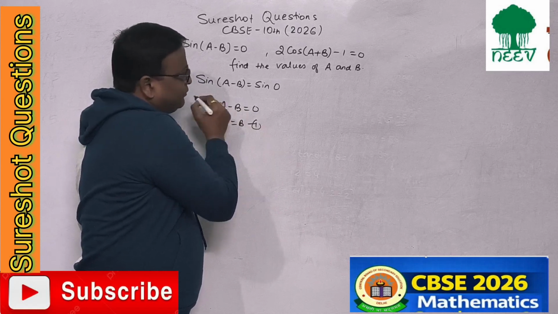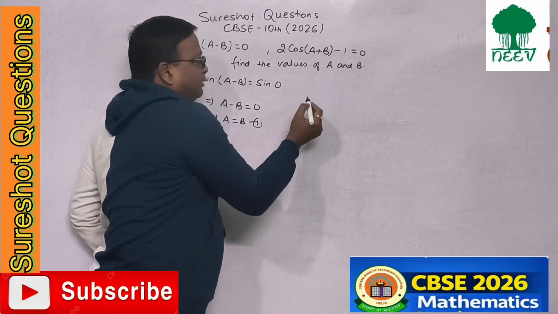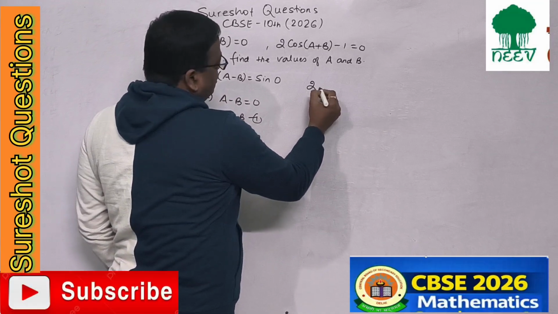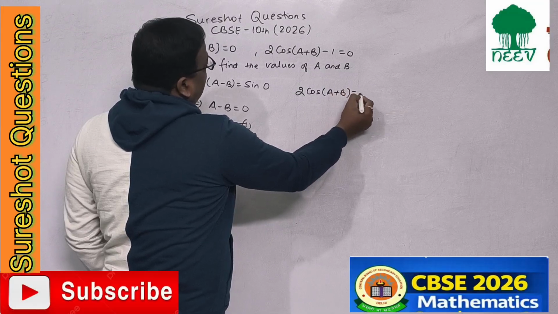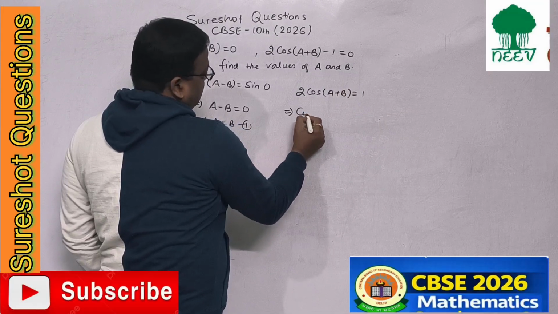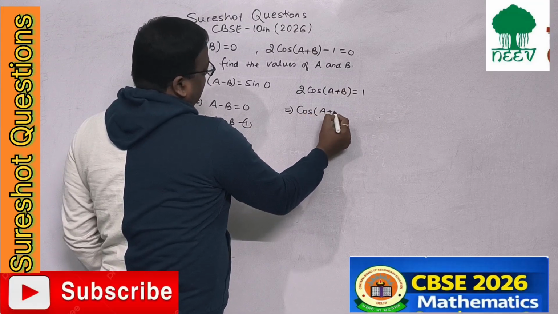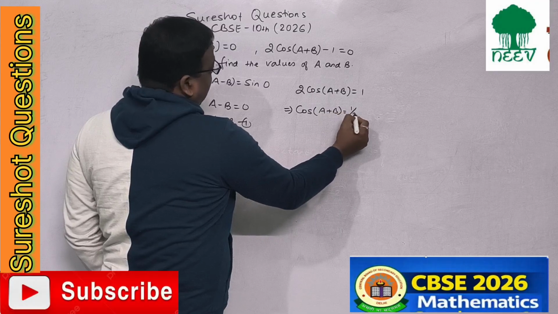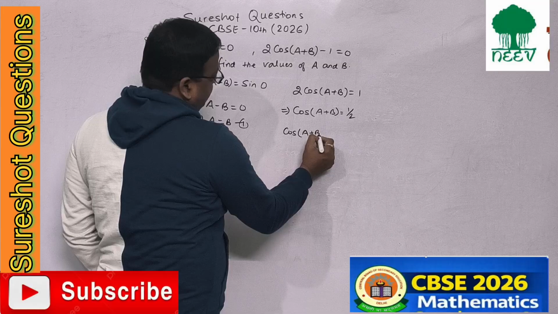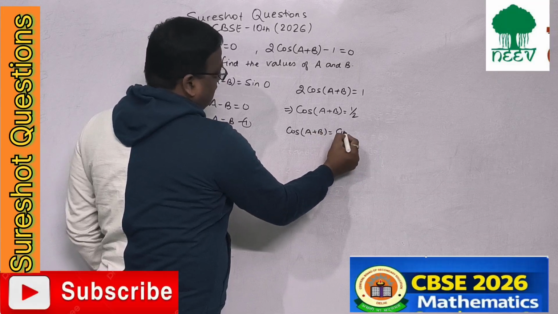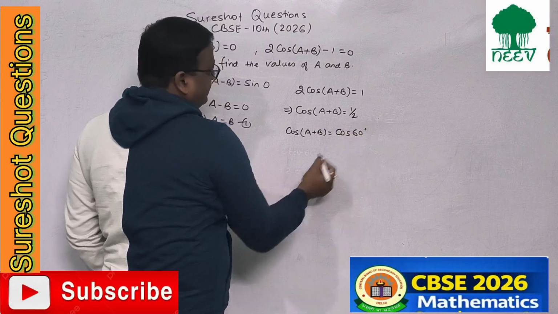This is equation 1. Now, we have been given one more equation. 2 cos (A plus B) equal to 1. This implies cos (A plus B) is equal to 1 by 2. So cos (A plus B) is equal to 1 by 2, which is cos 60 degree.